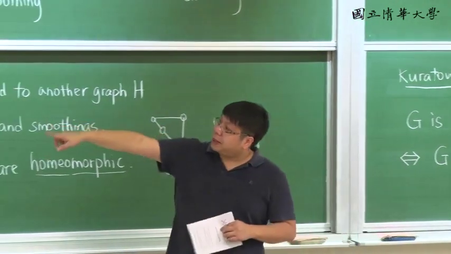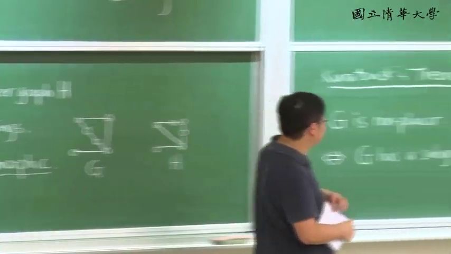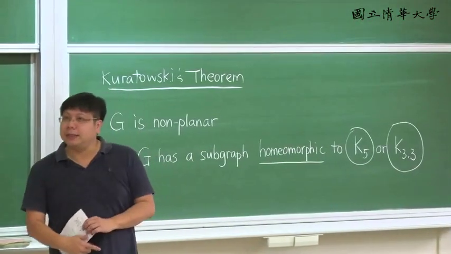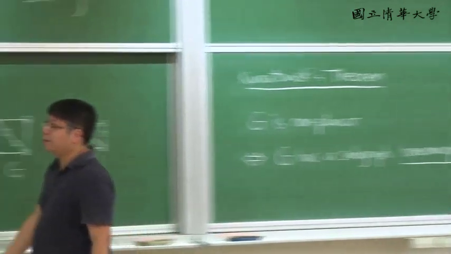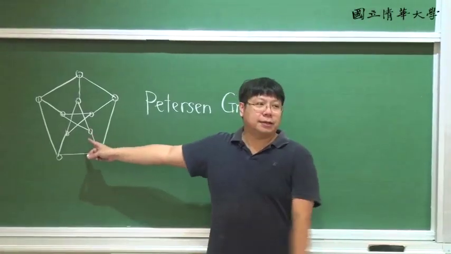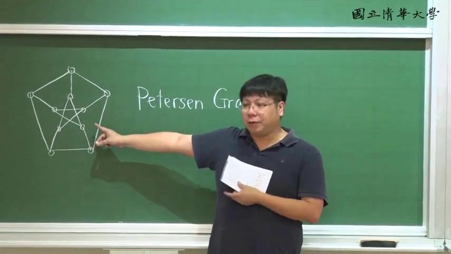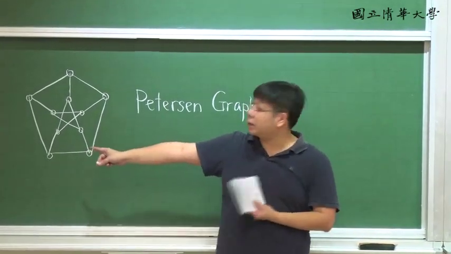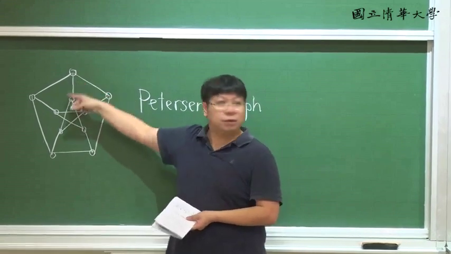Now, in this Petersen graph, it is not possible to find a K5. The reason is that all the vertices here have degree only 3. They are connected to only 3 edges.